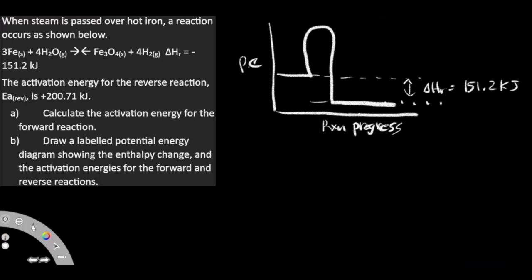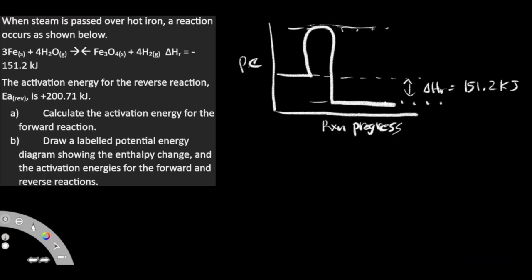And the activation energy for the reverse reaction is 200.71. So how would we figure this out? Well, our reverse reaction is going to be in the opposite direction, so it's going to go up this way. Our activated complex is going to be that target of 200.71, but we're starting from a reference point where our product is.